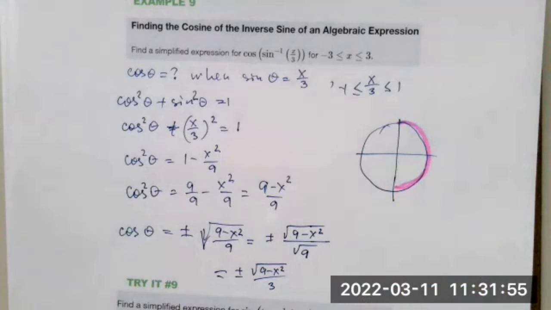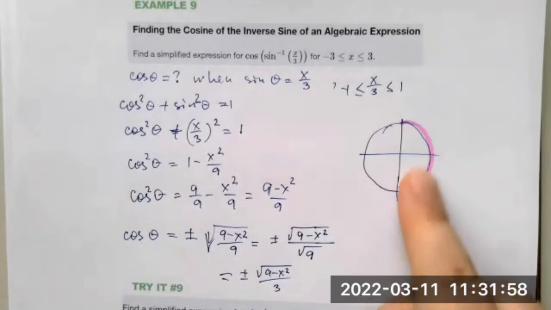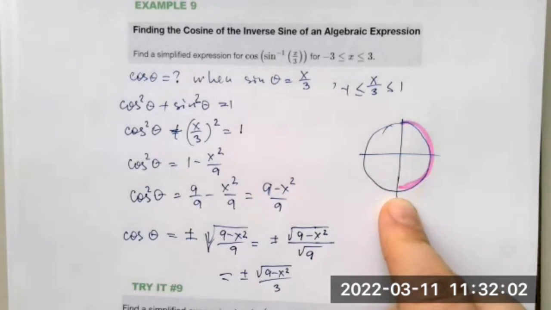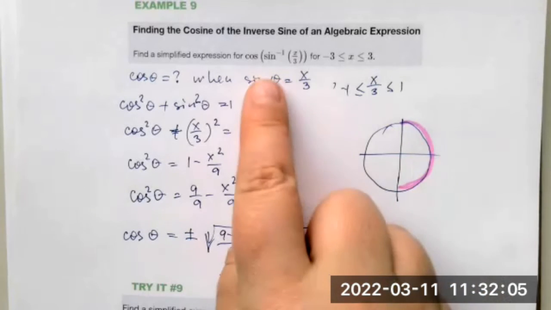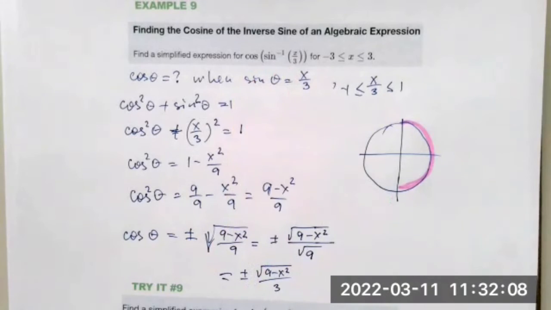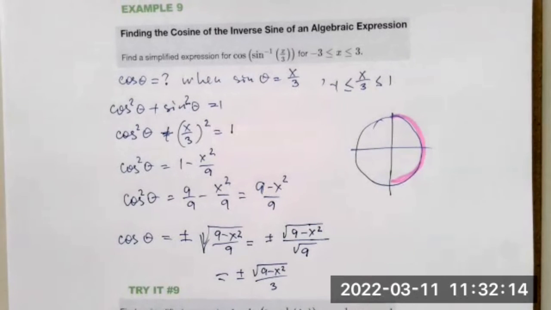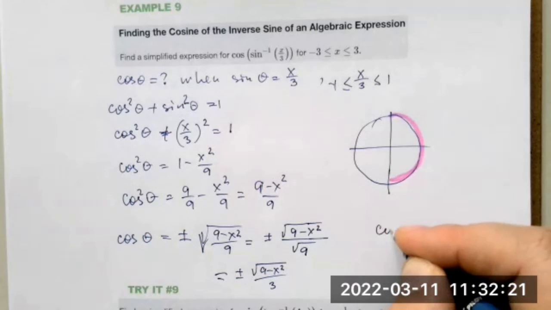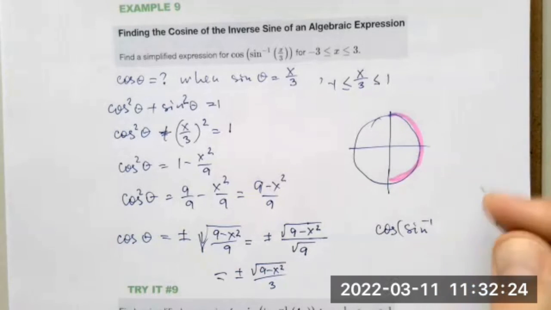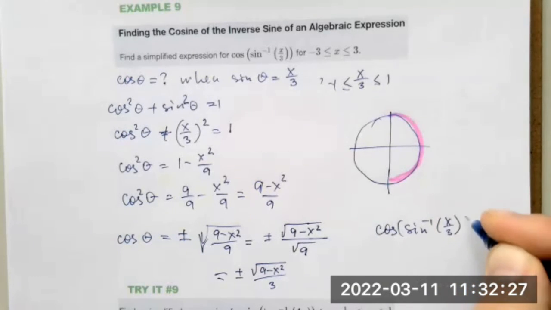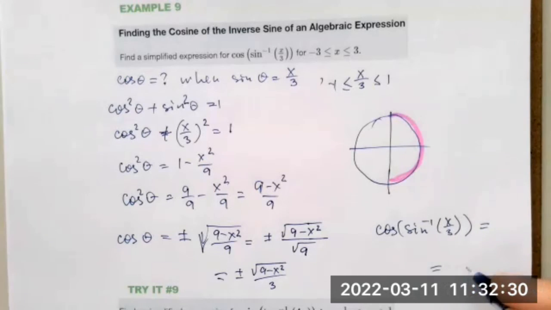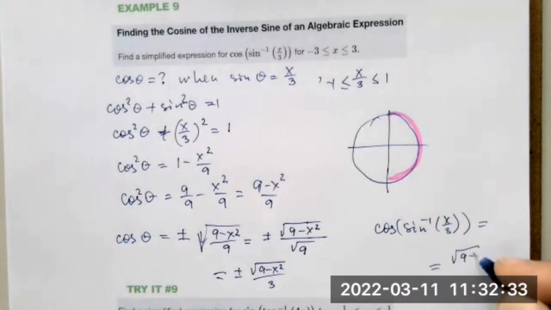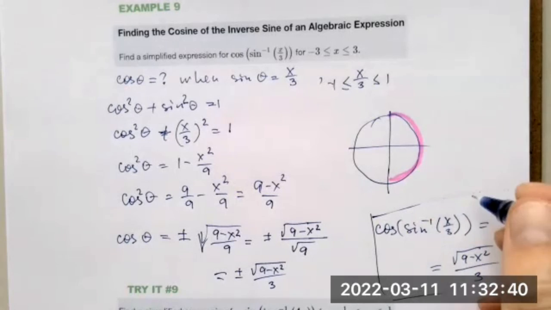So on this side of the circle, all the cosine values are going to be positive, and therefore for the solution to this question, we're going to select the positive square root value. So in the end, the cosine of the inverse sine of x over 3 is going to be the positive root of 9 minus x squared over 3. And that's the answer to this problem.